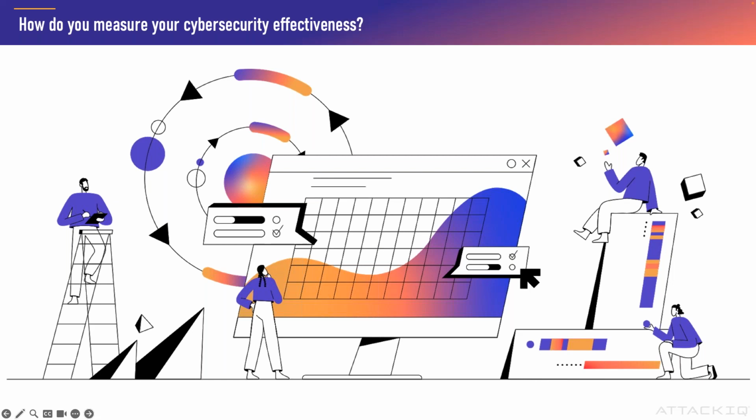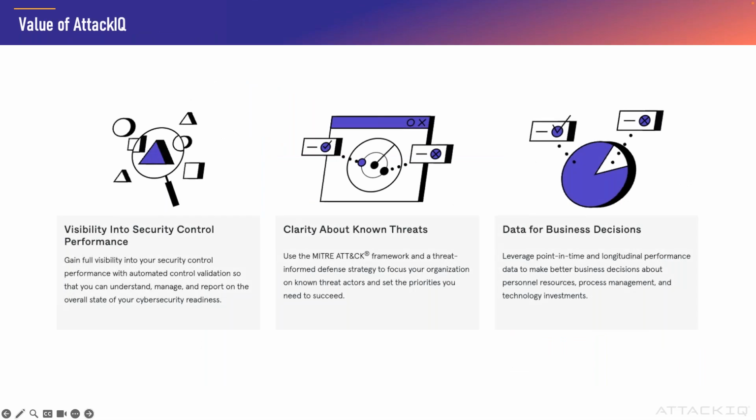And of course, security technologies, like any piece of software, get updated and configuration changes happen. It might be an update from the software vendor, and you want to ensure that at each point, those security controls are working as you expect them to work. So with AttackIQ, what we're trying to help you achieve is to get you that visibility of how those security controls are reacting.